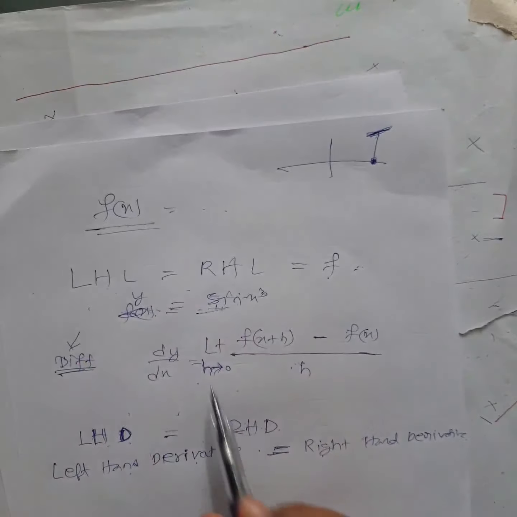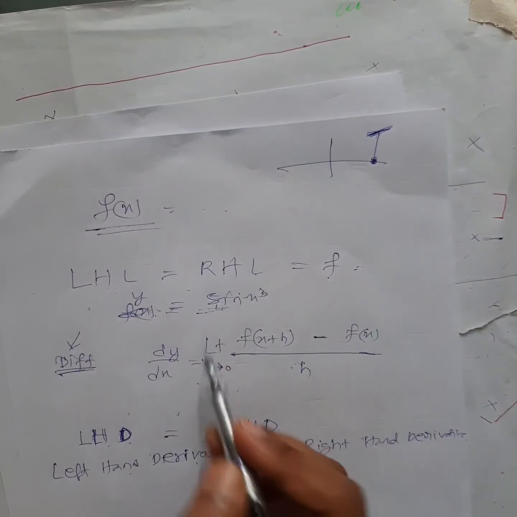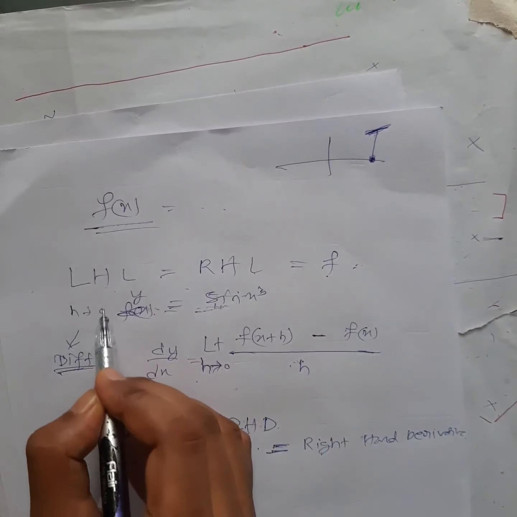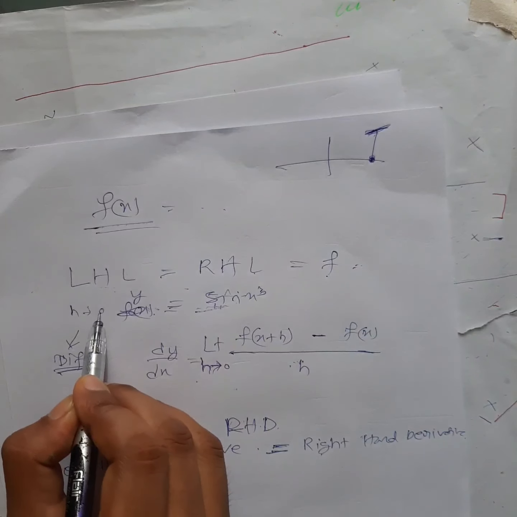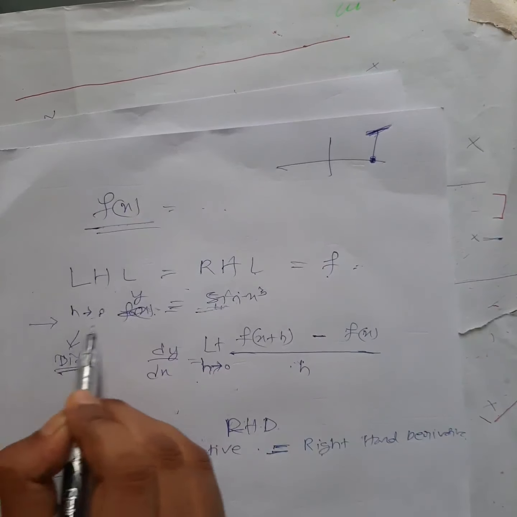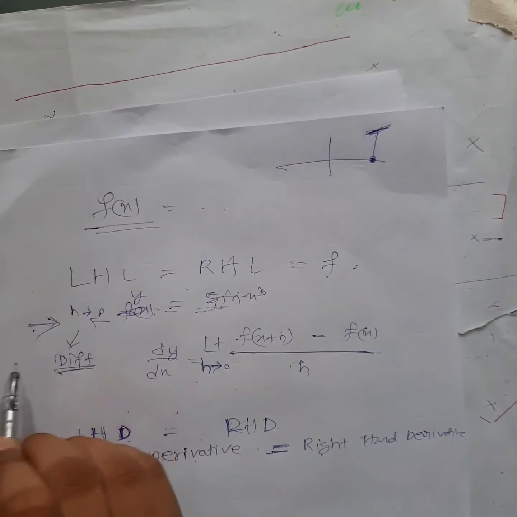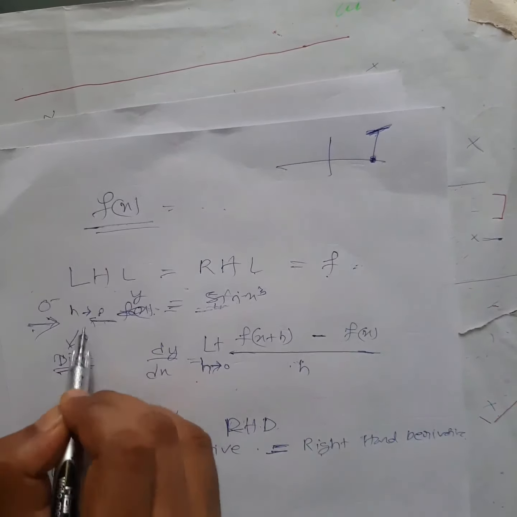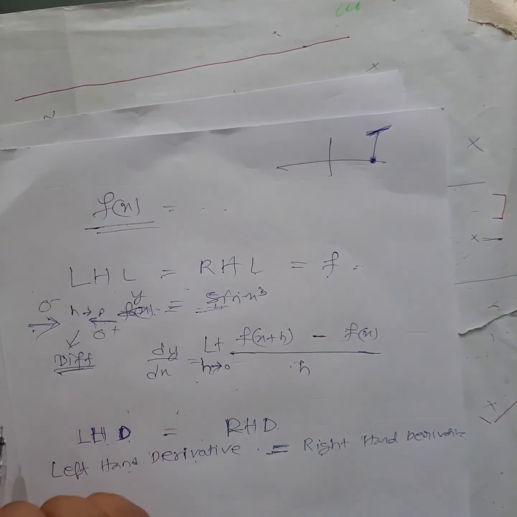Like left hand limit and right hand limit, wherever the value is tending, we used to take it. Tending means it can tend to 0 from the left also, from the right also. When it is tending from the left, we used to write 0 minus. When it is tending from the right, we used to write 0 plus, right?